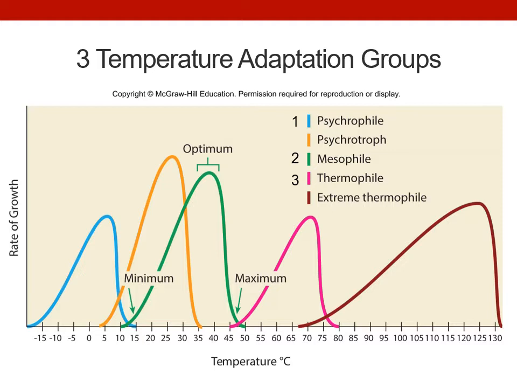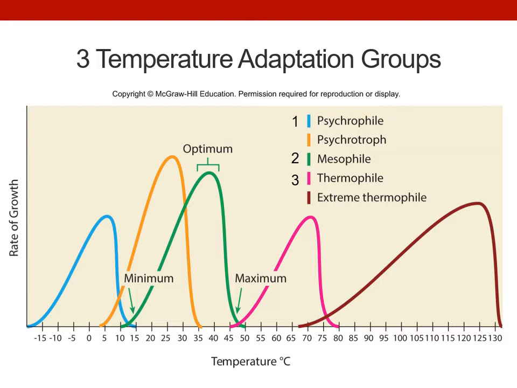You should know the temperature ranges for each group and be able to explain or identify each. Do not confuse psychotrophs with psychrophiles. Psychotrophs grow best at temperatures above 20 degrees Celsius, and because of this, they can cause problems with food spoilage.